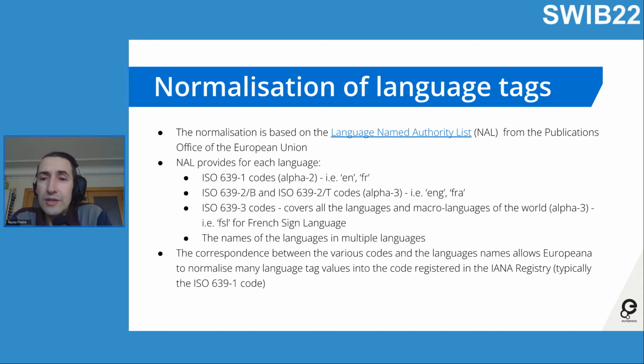This vocabulary provides for each language the ISO codes, the two-letter codes, the three-letter codes, also codes for macro languages and language families, and the names of these languages in the 24 official languages of Europe. So with all this correspondence with the different codes and the language names, it is possible to normalize many of the language tags which are not compliant and make them compliant to BCP 47.